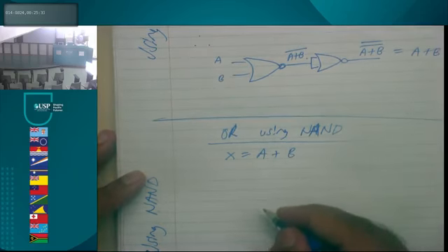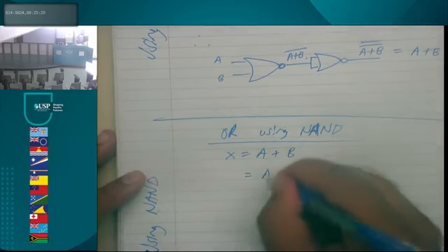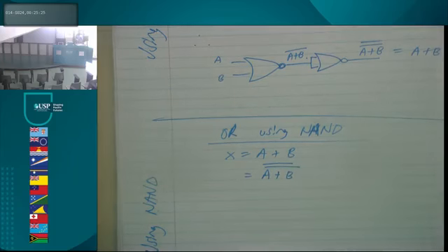Now you have X is equal to A or B. Another way to look at A or B is to put a double bar. You recall the double bar? Double bar is the same thing, involution. Remember the word involution?